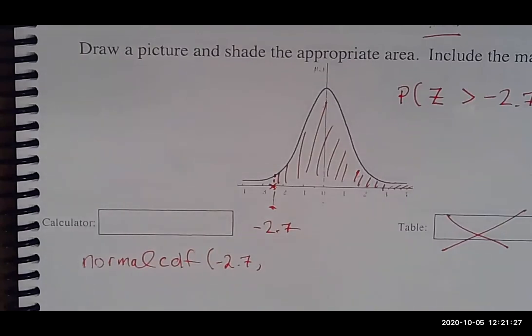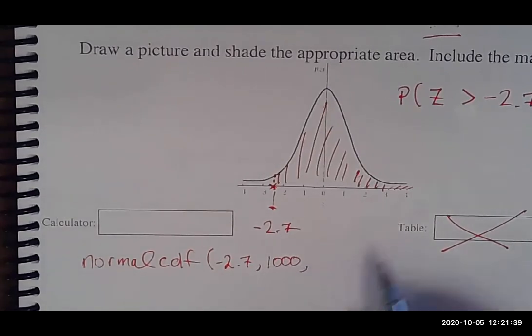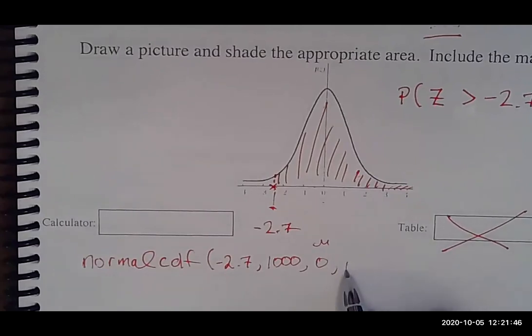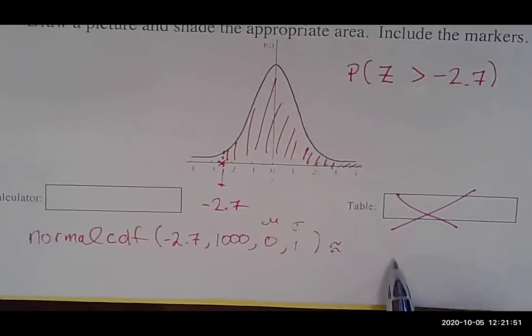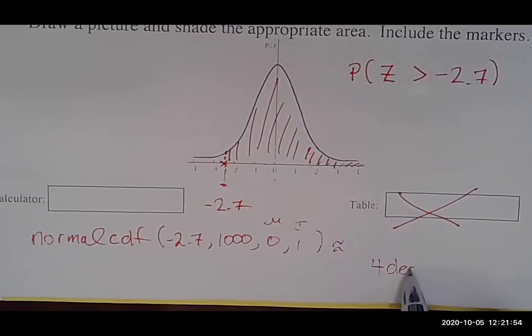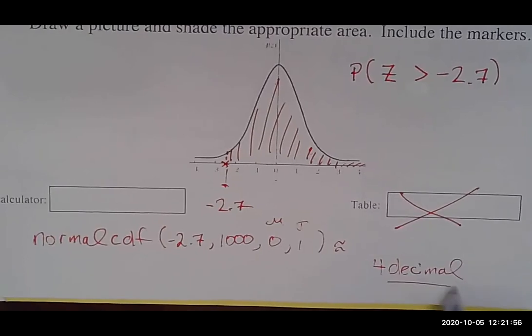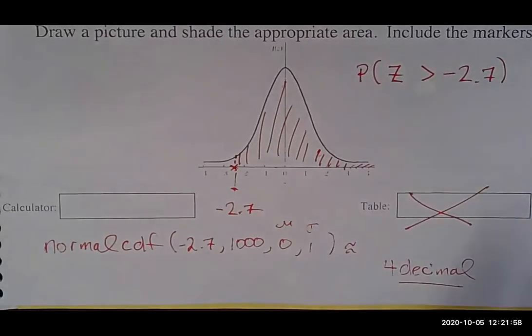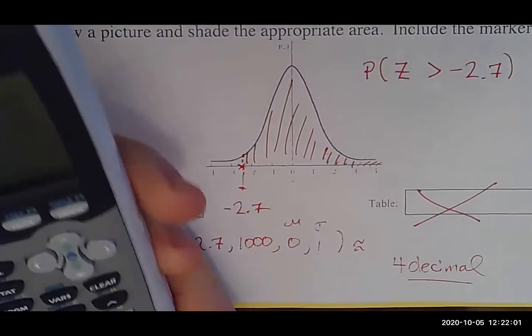So just pick something big and ridiculous, like 1,000, way farther than 4. Comma. Then you pick the mu, which is 0, and then you pick your sigma, which is 1. Then paste it in, and it's always 4 decimal places.